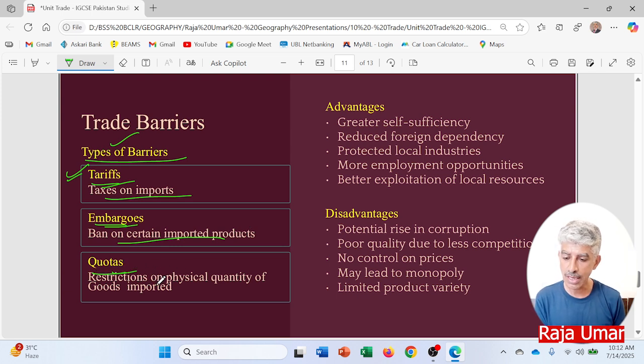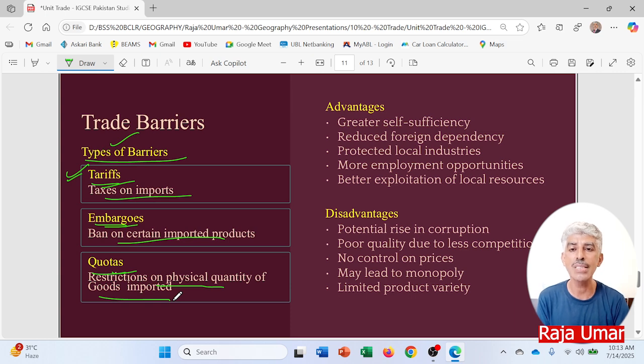Quota, a restriction on the physical quantity of goods imported. For example, Pakistan is able to export 10,000 tons of rice to Saudi Arabia, but Saudi Arabia imposes a quota that it would not import more than 4,000 tons of rice from Pakistan.